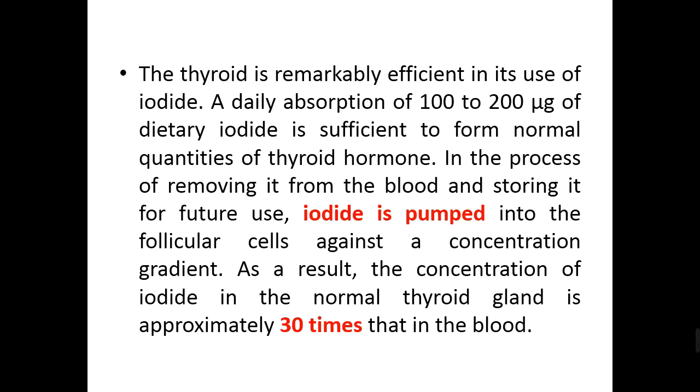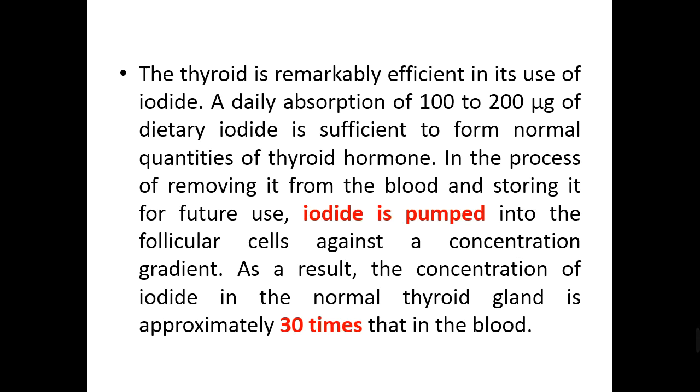The thyroid is remarkably efficient in its use of iodide. A daily absorption of 100 to 200 microgram of dietary iodide is sufficient to form normal quantities of thyroid hormone.